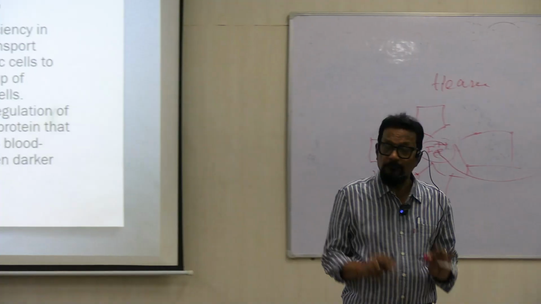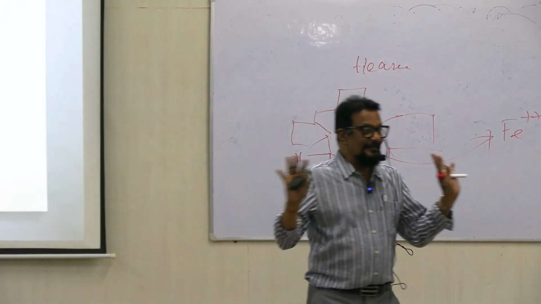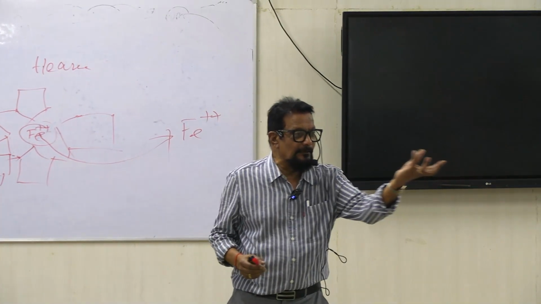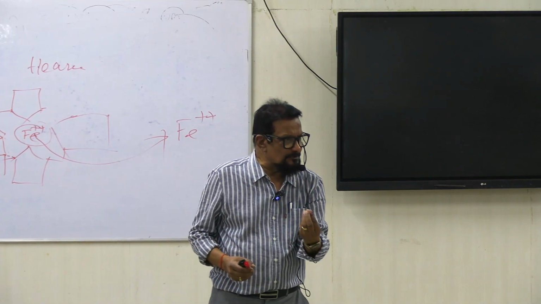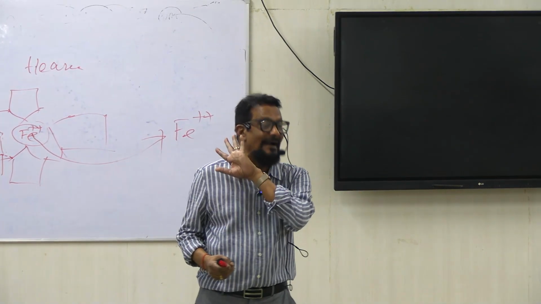Now, the cell is under normal condition. Normally, the cell is dying, heme is taken up, hemoglobin is taken up, bilirubin is produced, and conjugated bilirubin is produced. They are eliminated through bile.